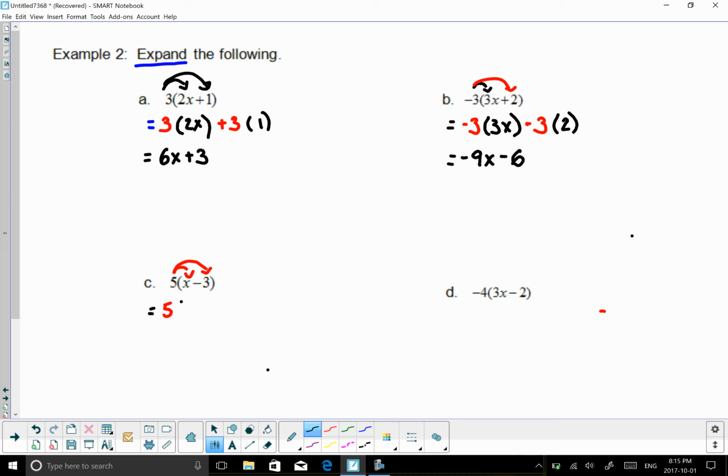So 5 times x. And then plus. The sign in front of the 5 is positive. That's why I put the plus. Times negative 3. 5 times x, well, I have to multiply the number by the number. If you think about it, there's an invisible 1. So it's 5 times 1. So just 5x.